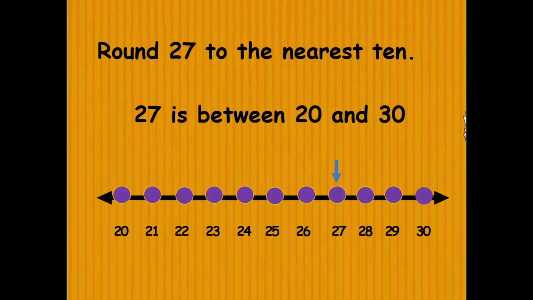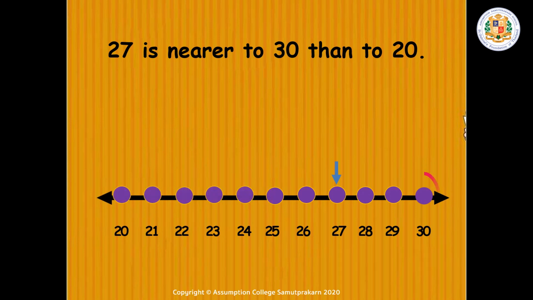Does 7 belong to round up or round down? 27 is nearer to 30 than 20. 27, when rounded off to the nearest 10, is approximately equal to 30.